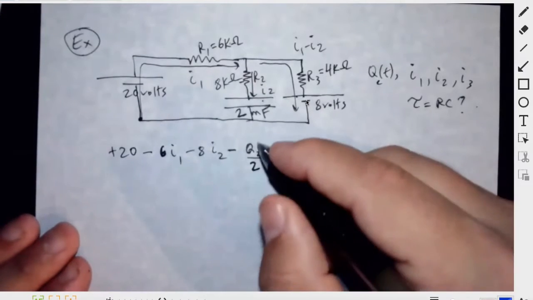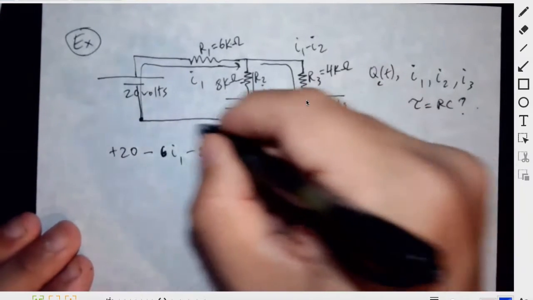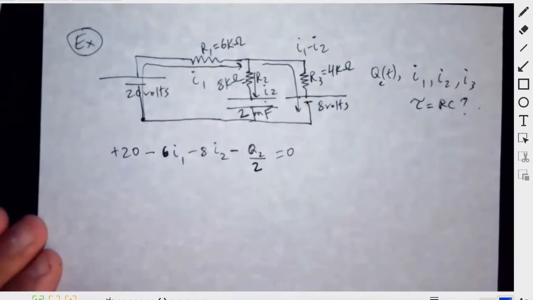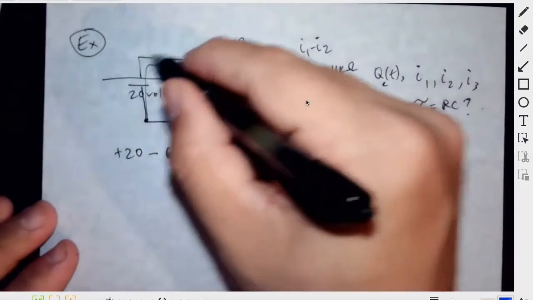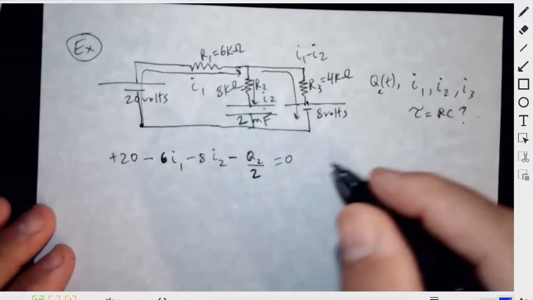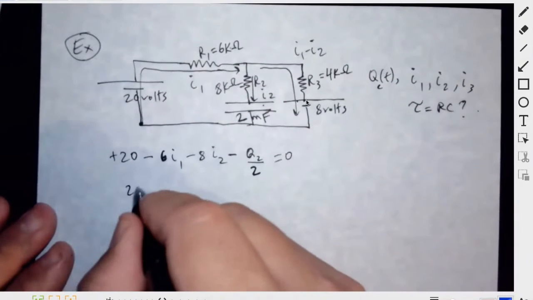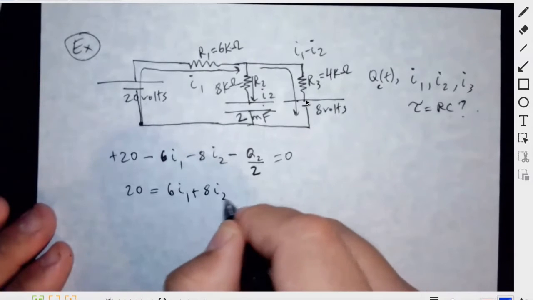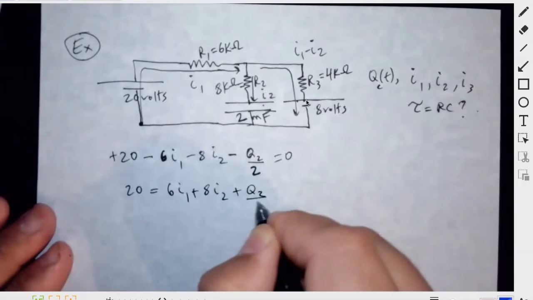Q2 over 2, and then that's 0. You see, and then the other circuit is, I'm going to make it the whole thing. You see, so let's just simplify this. 20 is equal to 6I1 plus 8I2 plus Q2 over 2.